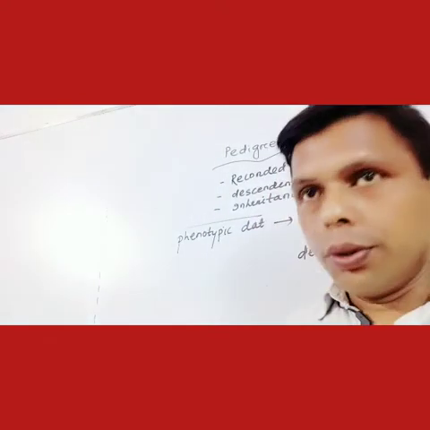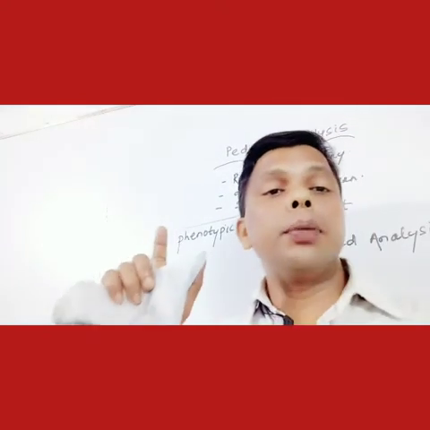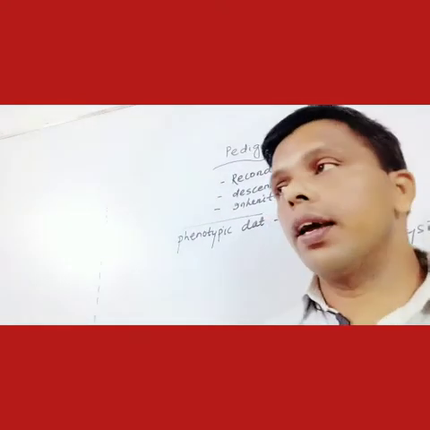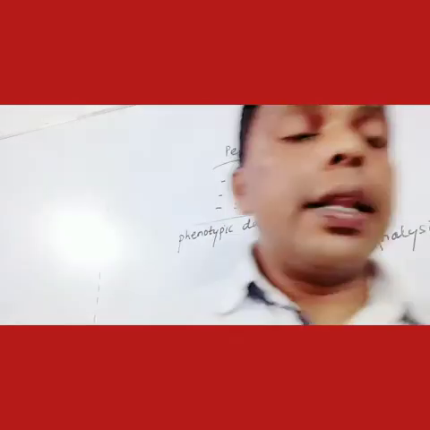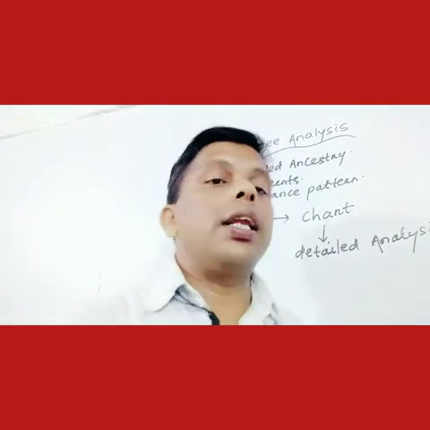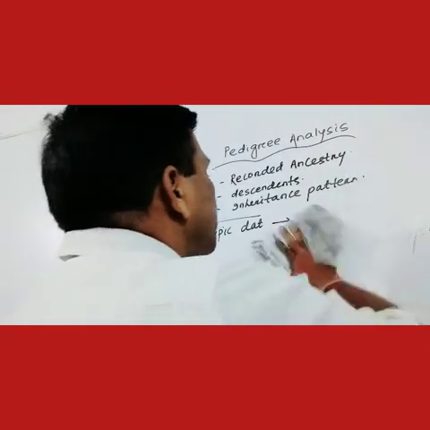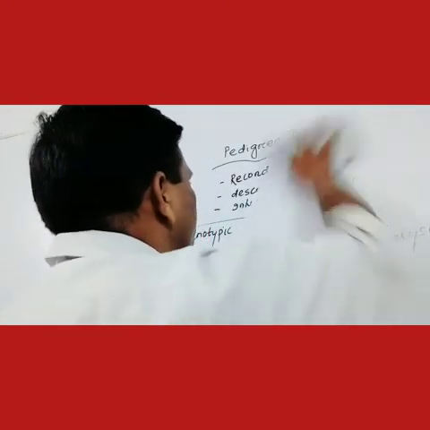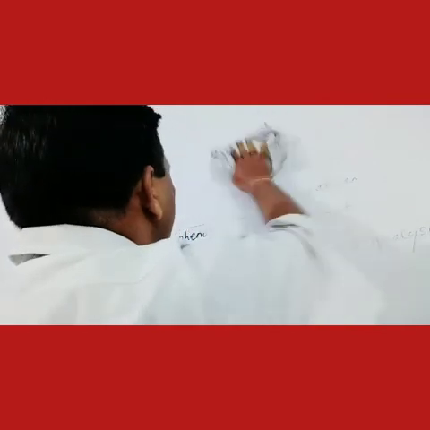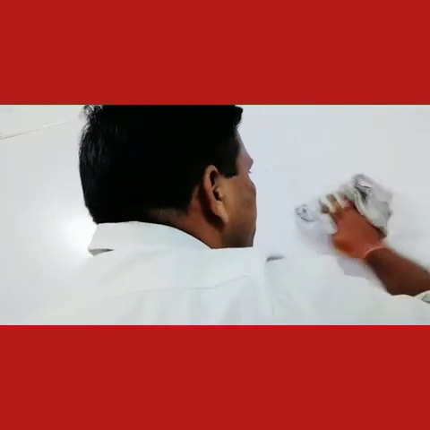First, we have to go through the symbols which are used in pedigree. Let's see what symbols are used in pedigree analysis. Various symbols are used which help in determining and drawing a pedigree chart for us. The symbols are fixed.